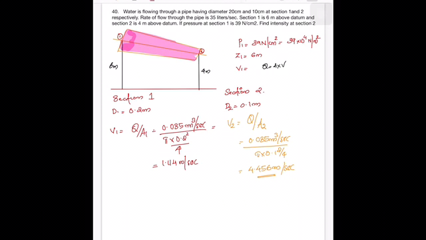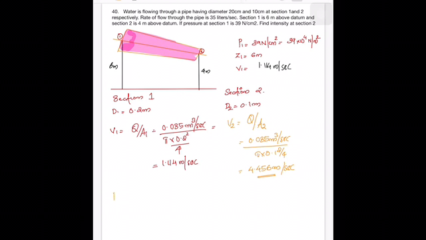Therefore, we got V1 as 1.114 meters per second. P1, V1, Z1 is known. Let us write P2, V2 and Z2.